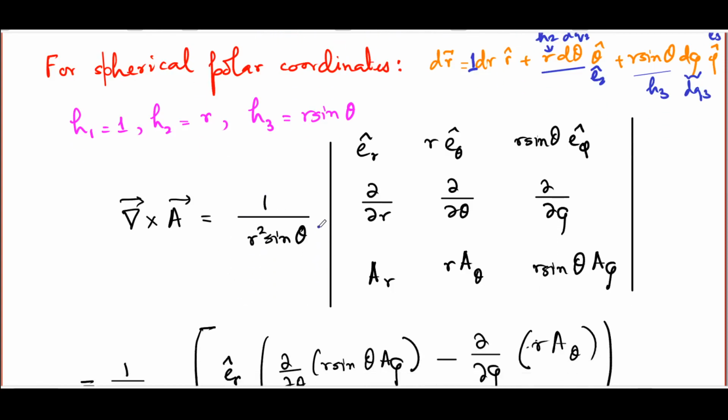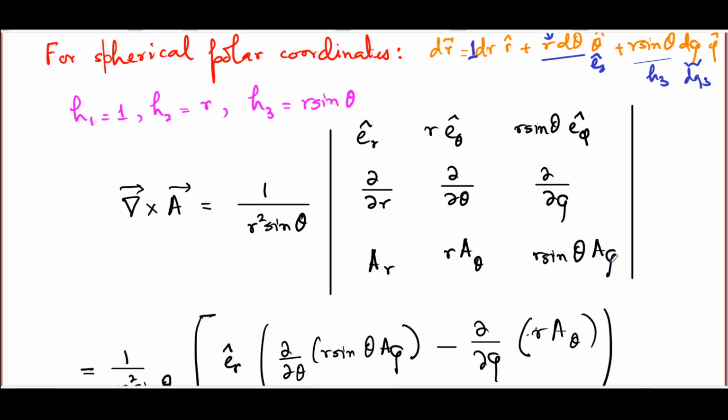And according to our formula, what you need to do is write down 1 times er, r, that's h2 times e theta, h3, r sine theta times e phi, in the first row of your determinant, del r, del theta, del phi in the second row, and 1 times Ar, r times A theta, r sine theta times A phi in the third row. So this is the formula for curl of A in spherical polar coordinates.